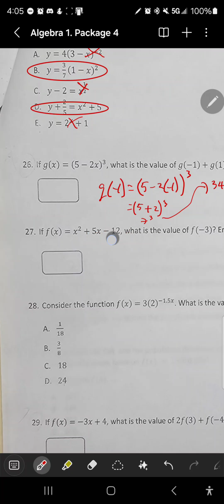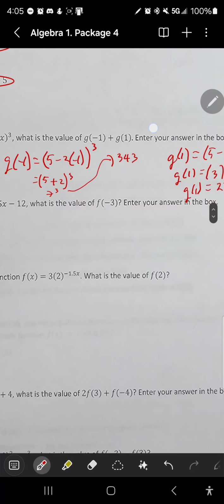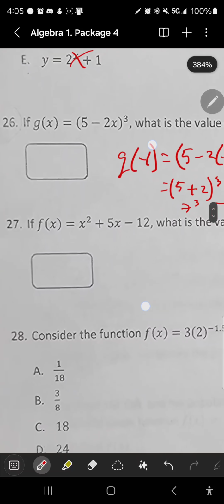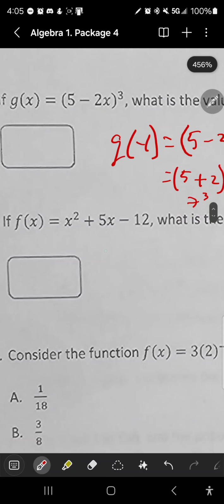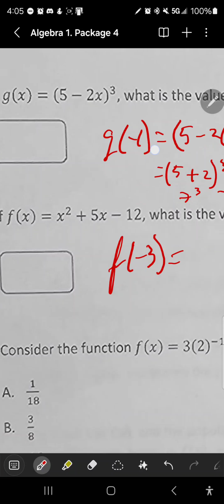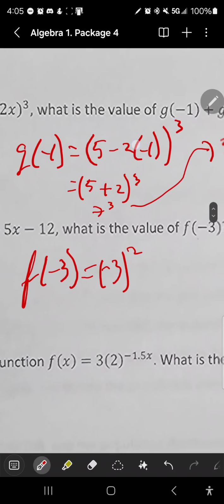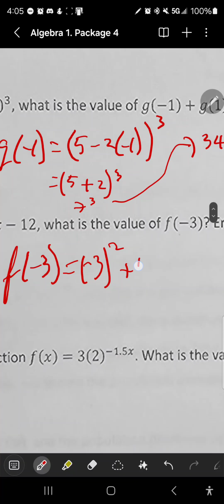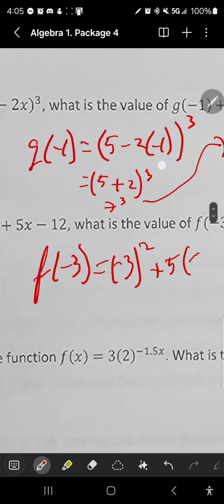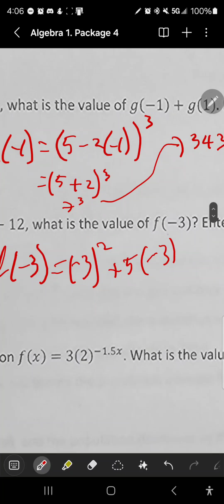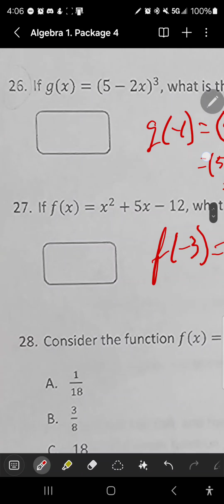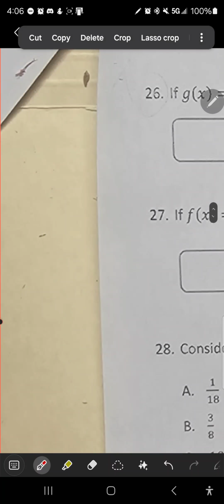Okay, we have this. What is the value of f(-3)? So let's see, we have f of x. So f(-3) will be equal to -3 squared, plus 5 times -3, minus 12.